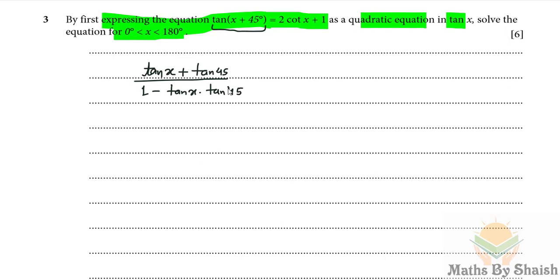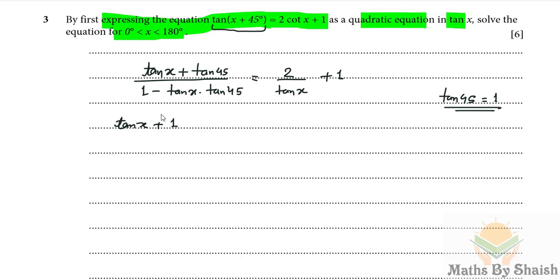That is the left hand side, and right hand side we can see it is 2 cot x. So cot x is 1 over tan x, so it becomes 2 over tan x plus 1. Now we also know that tan 45 is 1, so this becomes (tan x plus 1) upon this (1 minus tan x).